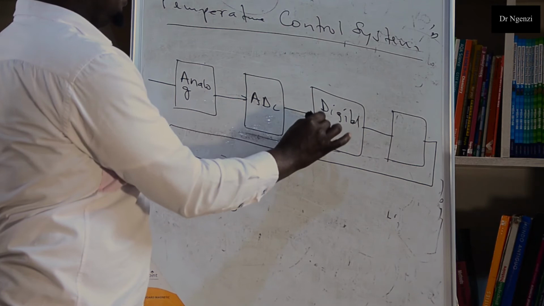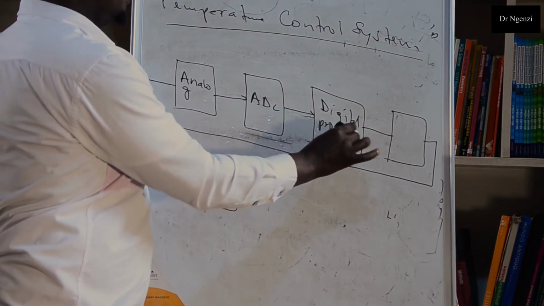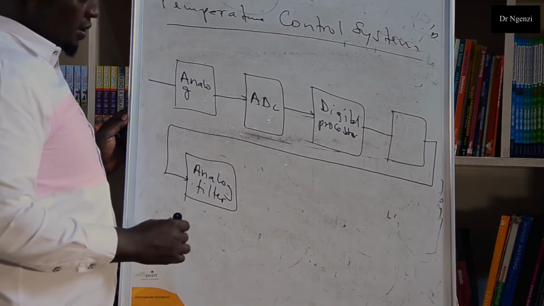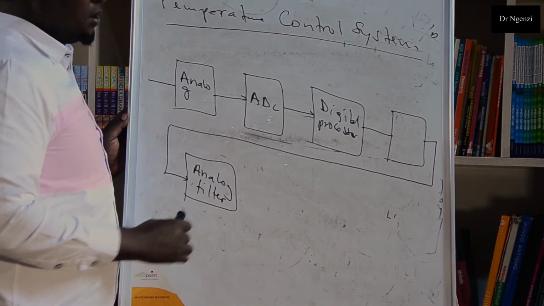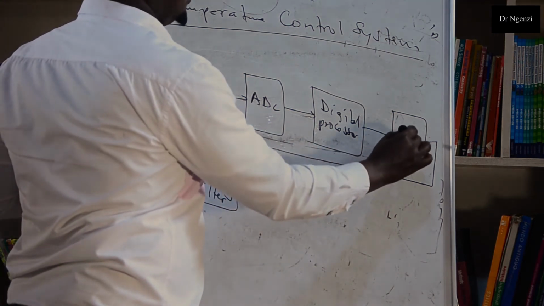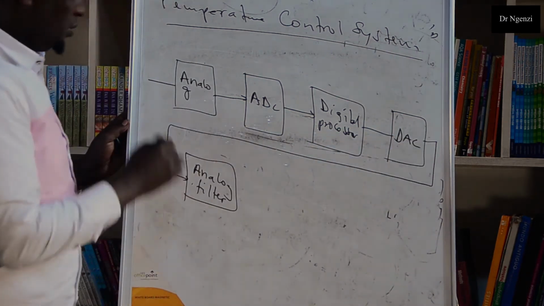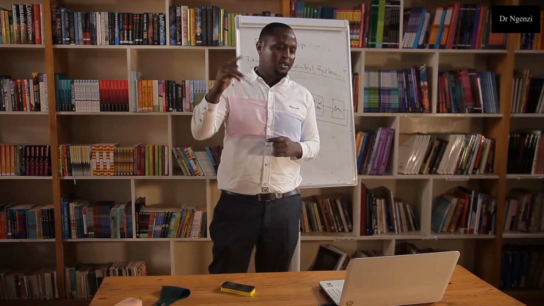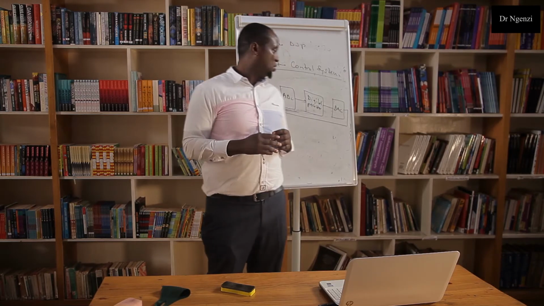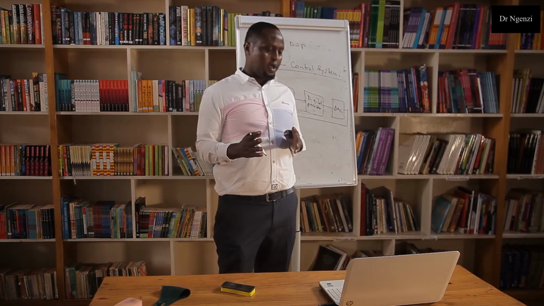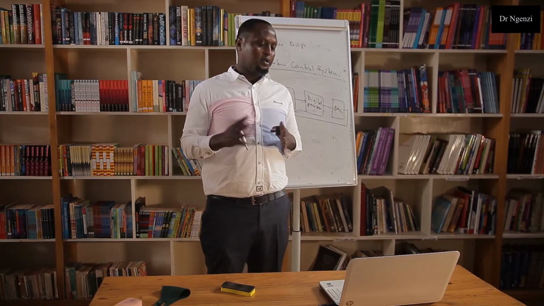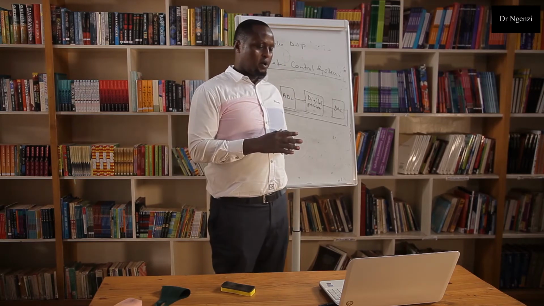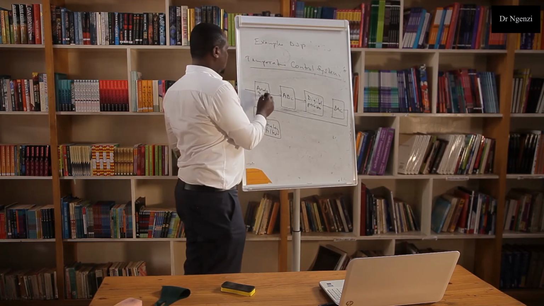And the other one is a digital to analog converter. Then it goes to this one. So each and every stage is going to have its behavior. The signal is going to change according to the system you are using. For example, if you use analog, this is a filter, the analog filter.